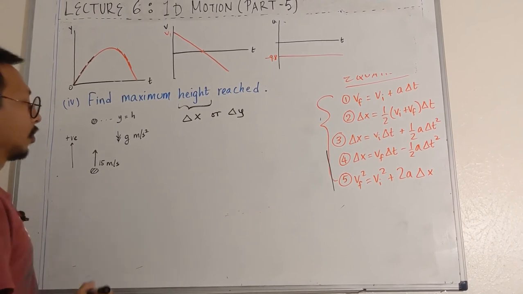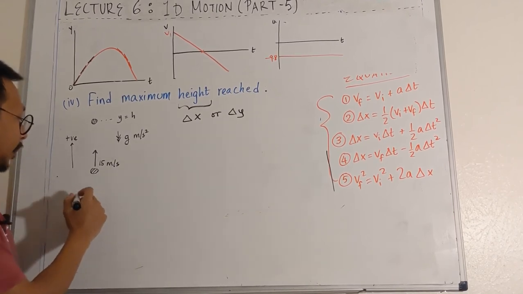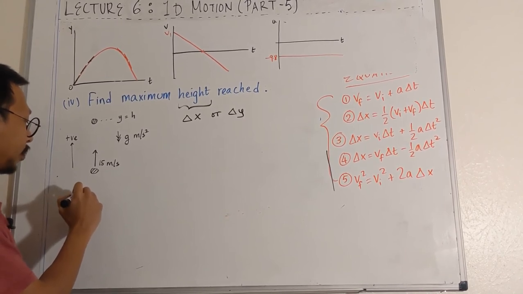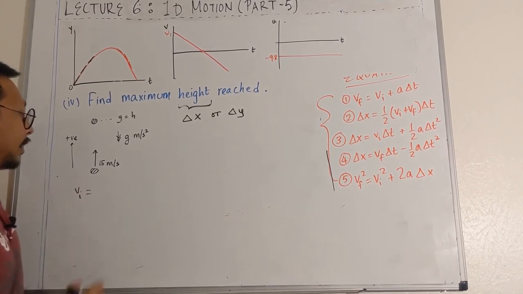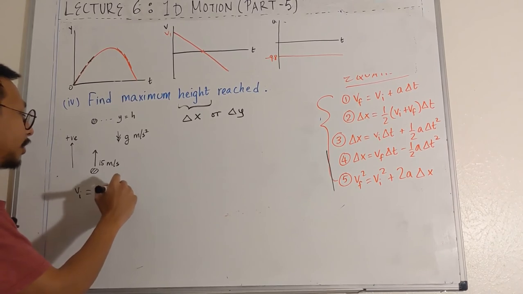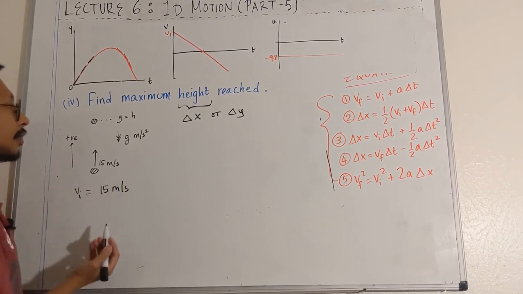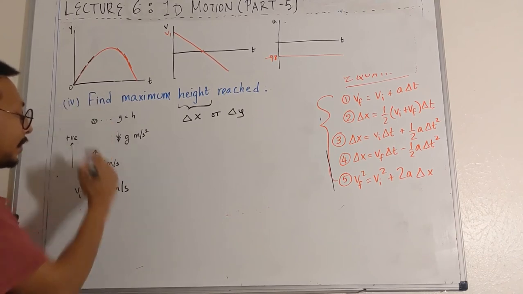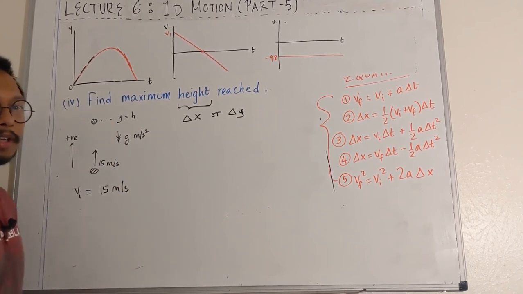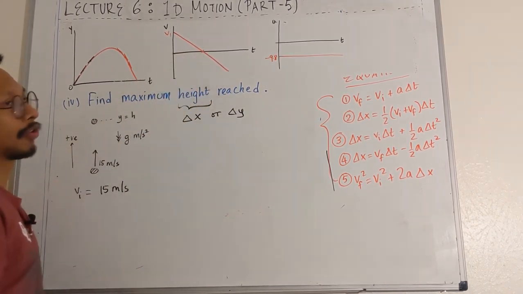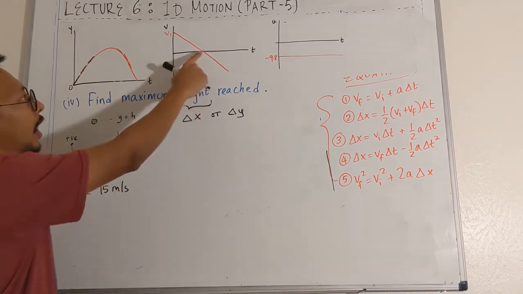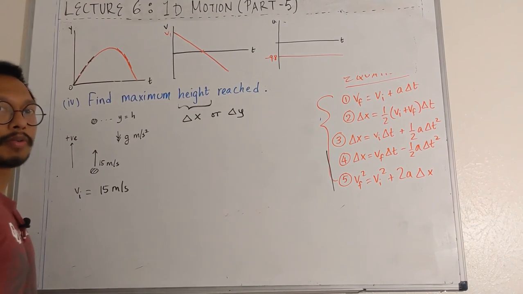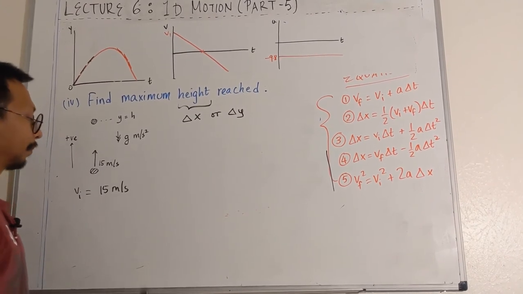So what are the information or kinematic variables that we know and which is our target? We know Vi is 15 meters per second, and it is positive because Polly launched it up. Then at maximum height, as we have just seen when drawing out the motion graphs, the velocity goes to 0 before coming back down again.